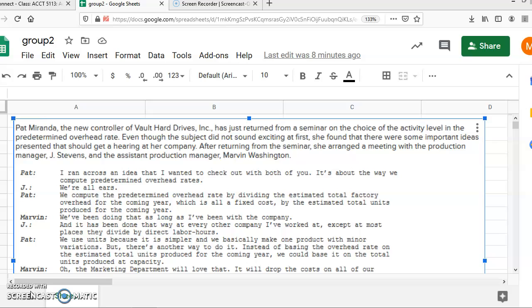Pat: I ran across an idea that I wanted to check out with both of you. It's about the way we compute predetermined overhead rates. Jay: We're all ears. We compute the predetermined overhead rate by dividing the estimated total factory overhead for the coming year, which is all a fixed cost, by the estimated total units produced for the coming year.